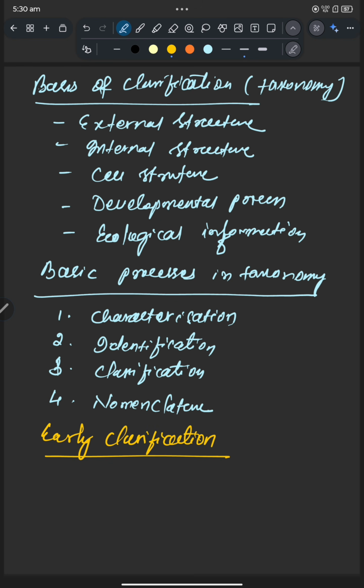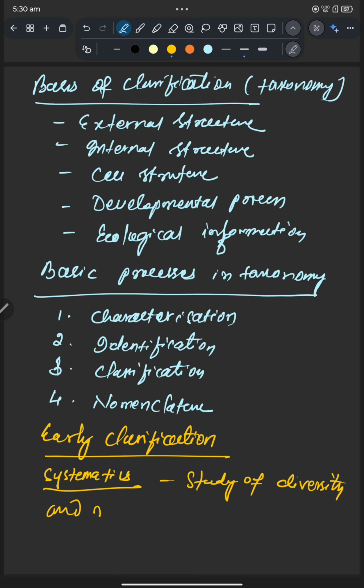So then comes the term systematics. Very, very important. What is systematics? It is the study of diversity and relationship among the organisms.